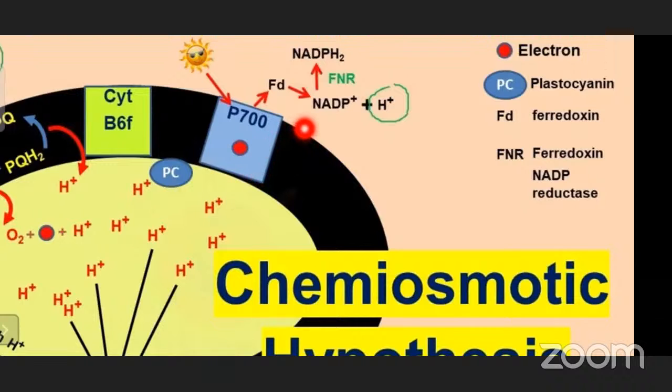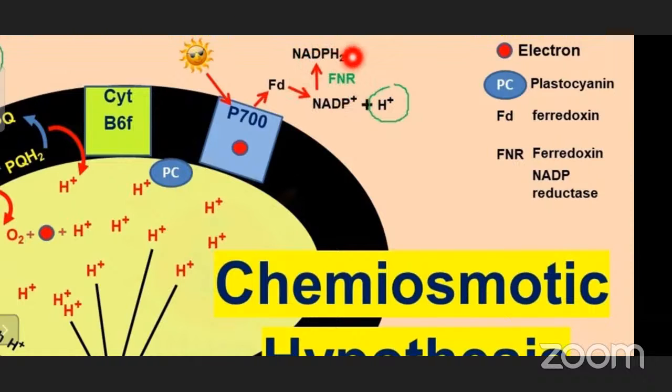This NADP already received electrons from ferredoxin, and after receiving them, it wants some protons also. The protons which are coming out of the lumen to the stroma will be taken here, and NADP plus these protons is going to get reduced to NADPH2.